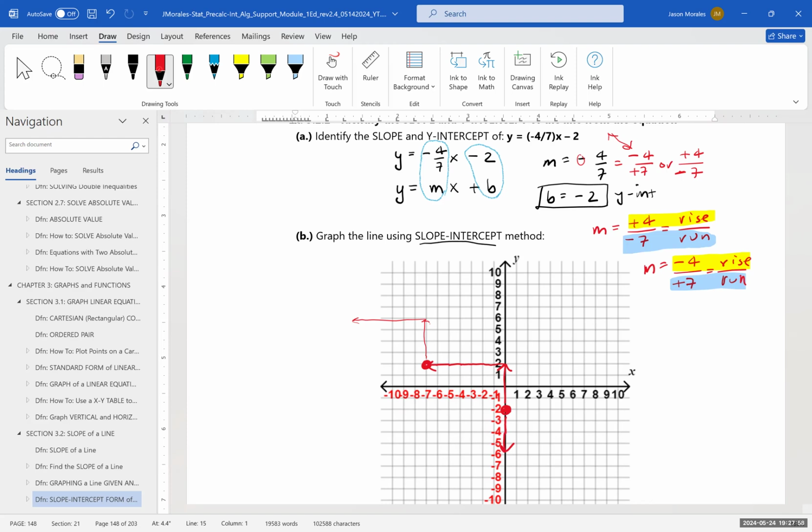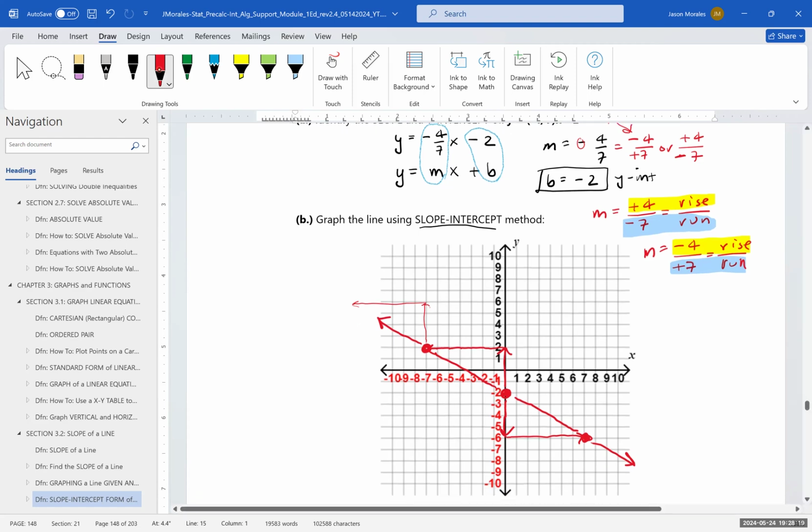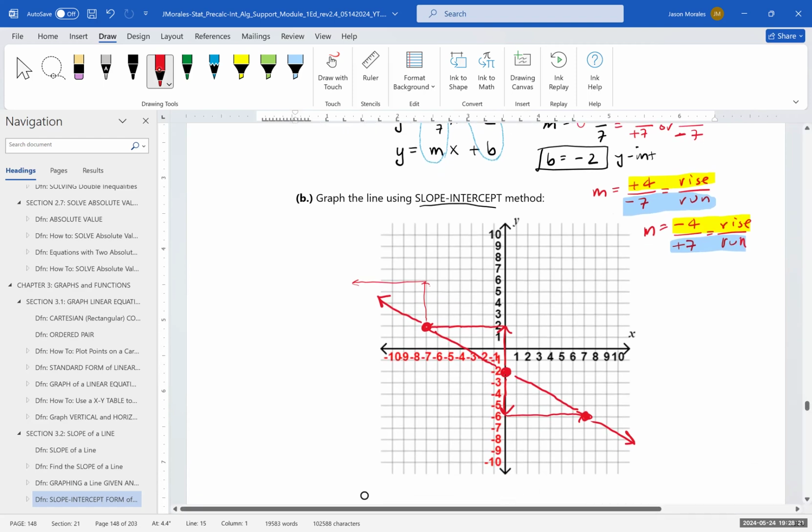And then a positive run of 7. Positive run to 7. It's right there. Now we can just connect the dots. And that is the graph of our line using the slope-intercept form.